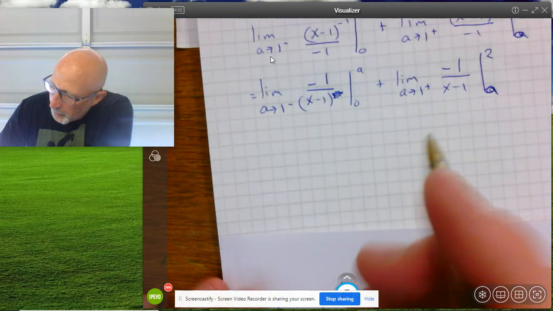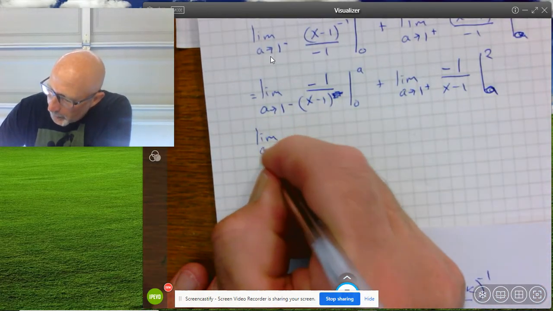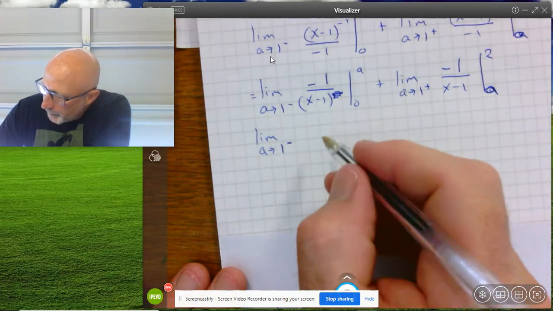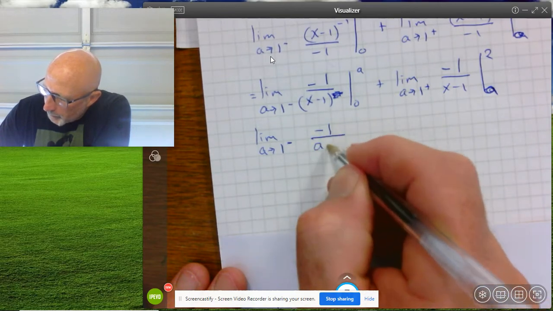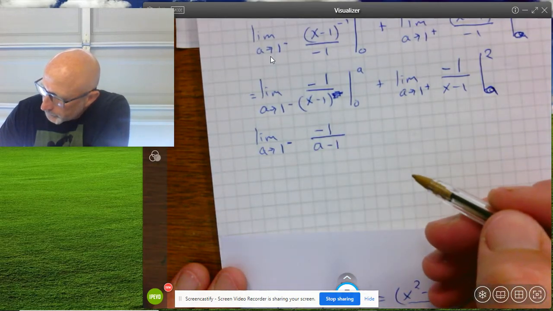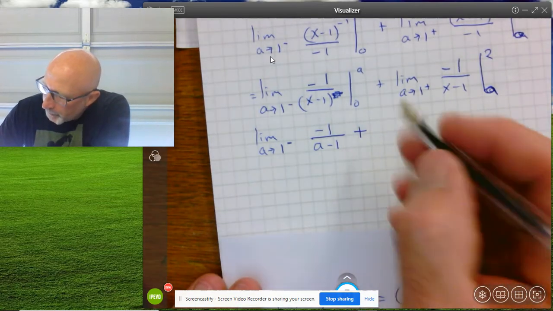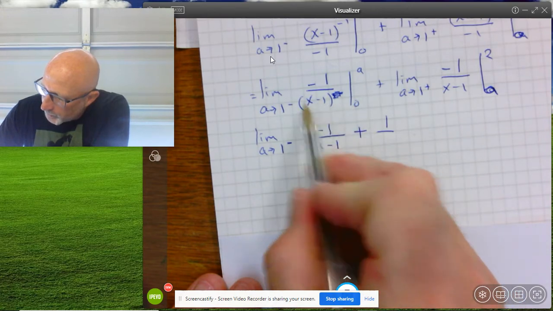Okay, so now go ahead and plug it in. So this is the limit as a goes to 1 from the negative direction of negative 1 all over a minus 1, minus a negative, so plus 1 all over, when you plug in 0, you end up just getting negative 1.